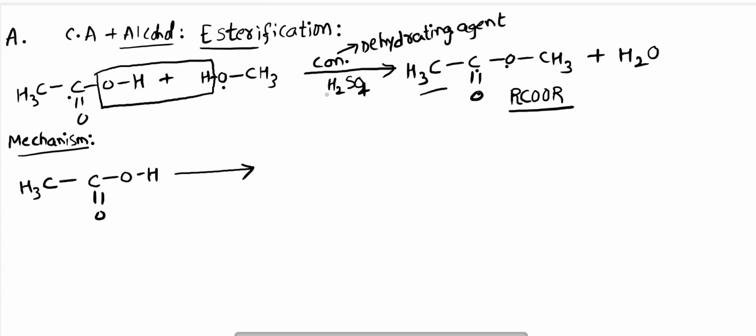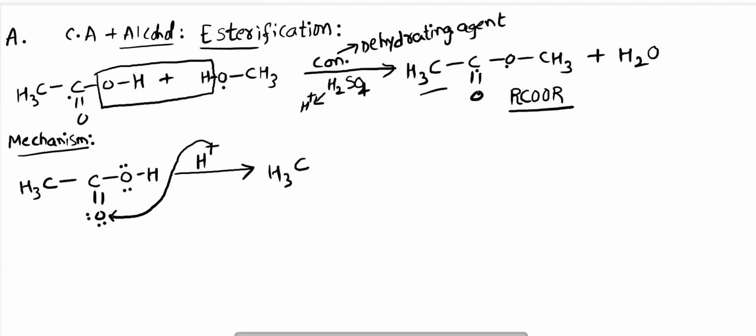This concentrated H2SO4 gives H plus ions. H plus requires electrons. Wherever electrons are more, the hydrogen will attack. Actually between carbon and oxygen, it's a double bond, so electron density is more. So H plus attacks on that oxygen.